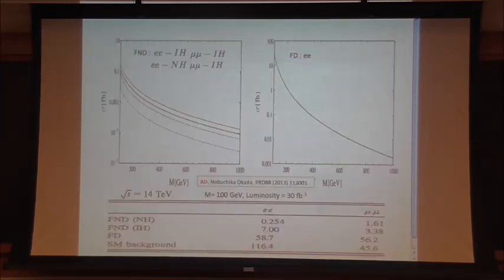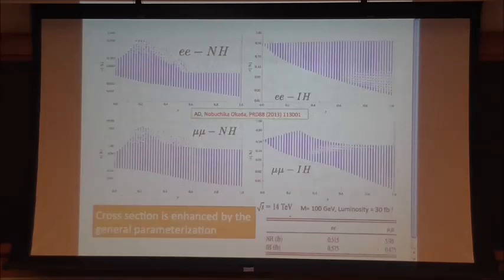In our previous case, we had the number of events as 0.2, 0.3, and in case of mu, the number of events is 1.61. After the enhancement, it will be of the order of 180. We got this enhancement because of the inclusion of some unknown parameter.